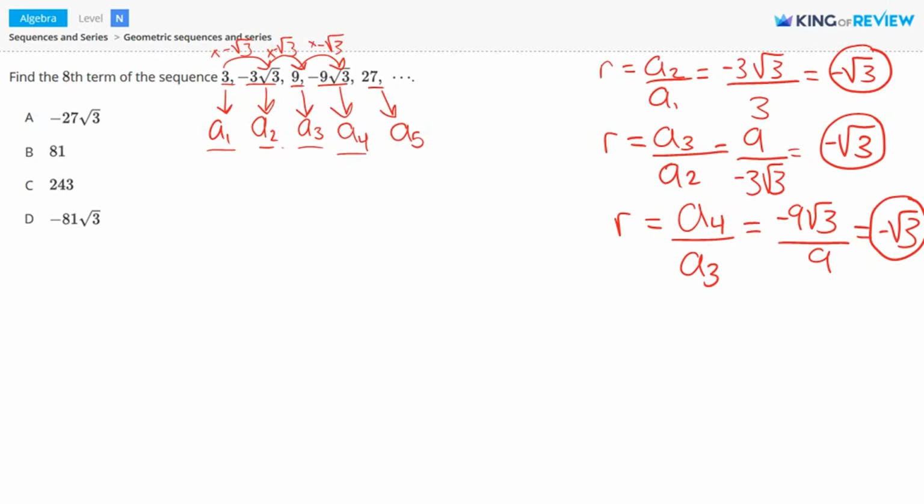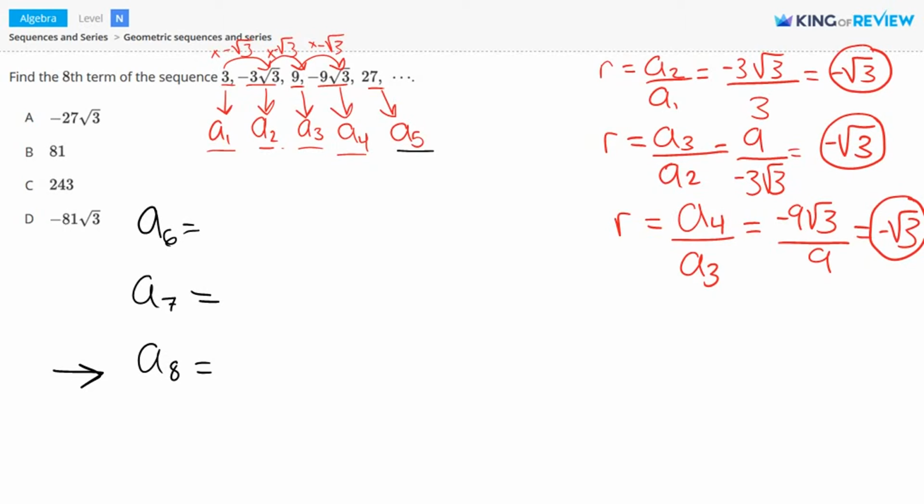So let's see what we have here. We're trying to find what the 8th term is. We're already on A5 here, so we need to find what A6, A7, and A8 are. And we're looking for this term here, which is the 8th term. So let's keep this pattern going here.